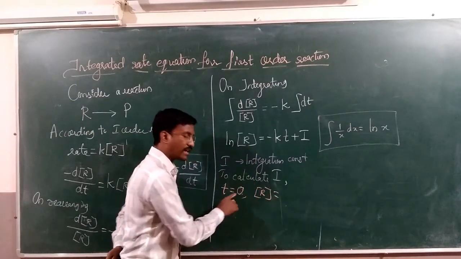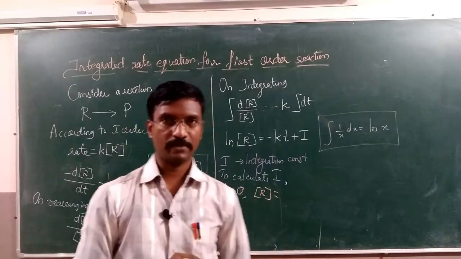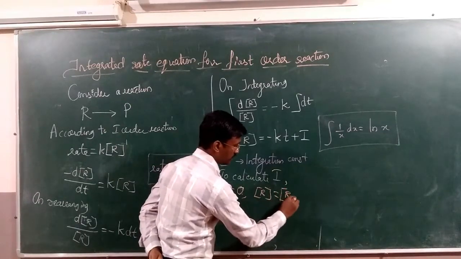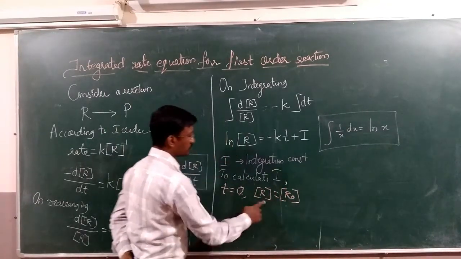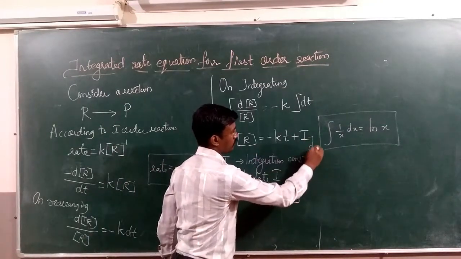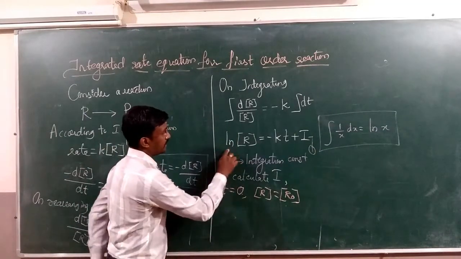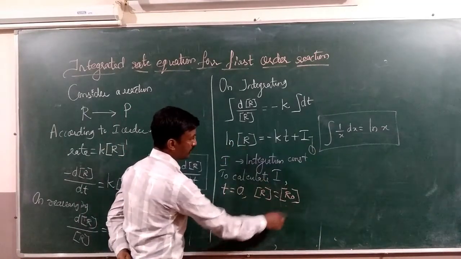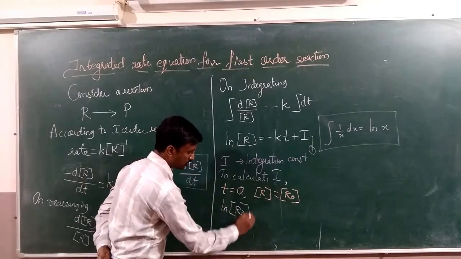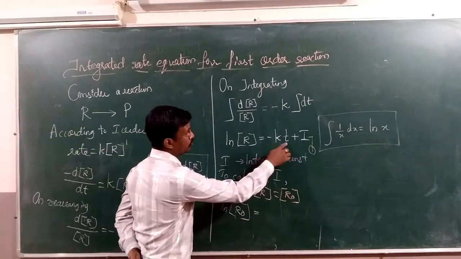Here 0 time indicates that the reaction has not started at all, it is in the beginning. Therefore, the concentration of R becomes the initial concentration. It becomes R0. By substituting this in this expression, we take this one as equation number 1. By substituting in equation number 1, we get ln R0 is equal to minus k into t.